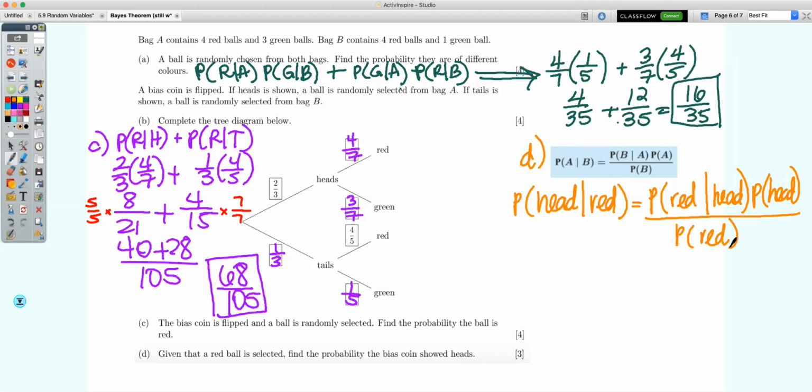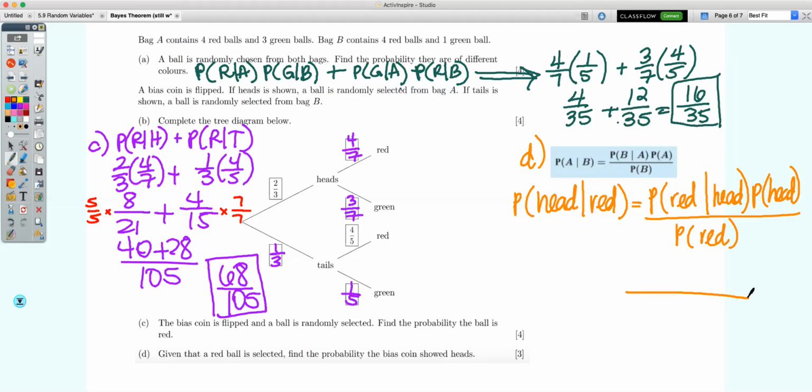Now again, I'm showing this as an example for Bayes' theorem. Yes, we could definitely do this a different way, but I'm trying to show you how Bayes' theorem can be used here, okay? So we want the probability of red given that it was a head on the coin.